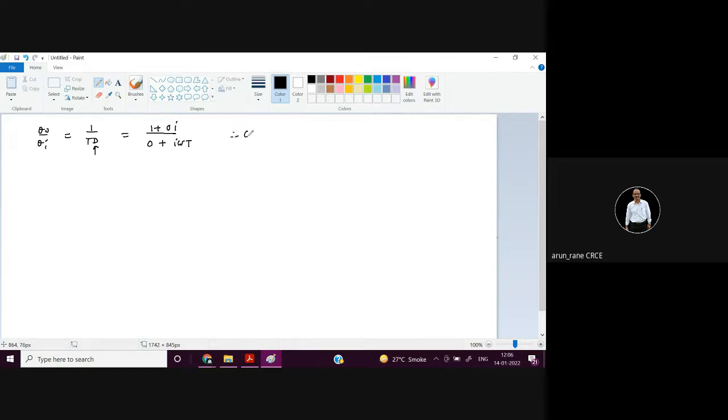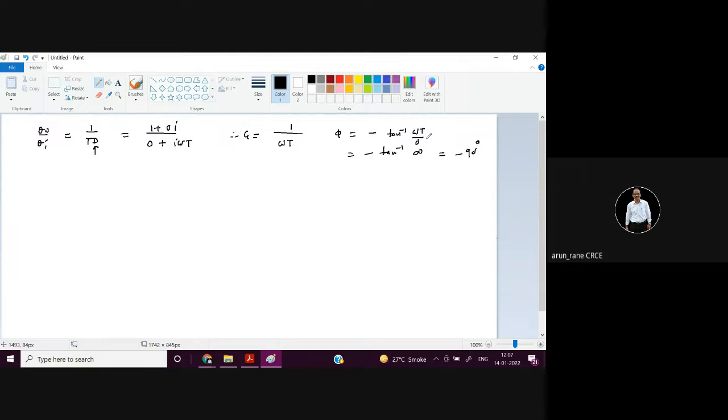So what is the value of G? G is equal to 1 upon under root of 0 square plus omega square t square, so that will be 1 upon omega t. And what will be phi? Phi is equal to tan inverse of 0, that is 0, minus tan inverse of omega t upon 0, that is minus tan inverse of infinity, which is minus 90 degrees.